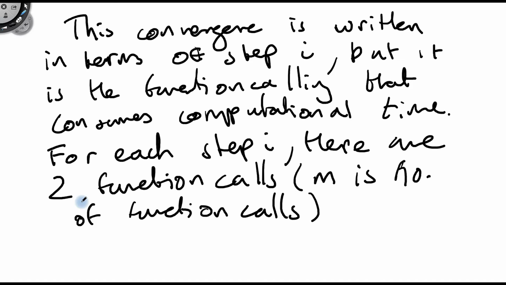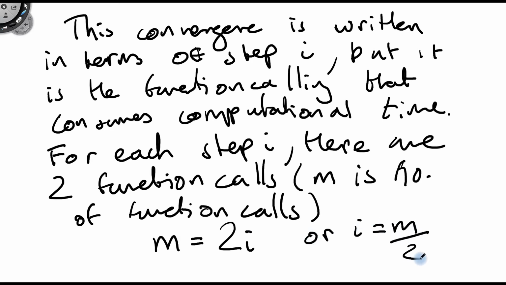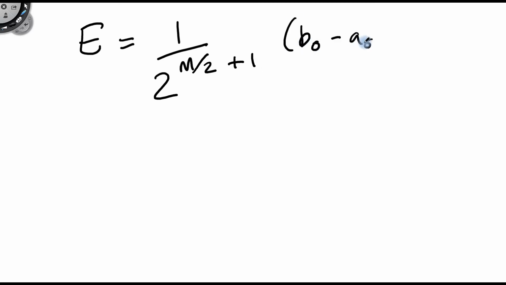So we know that m equals 2i, or i equals m on 2. So if we now rewrite our error law, which is (1/2)^i, and then when we have i, we write this down as (1/2)^(m/2+1) times (b0 minus a0).